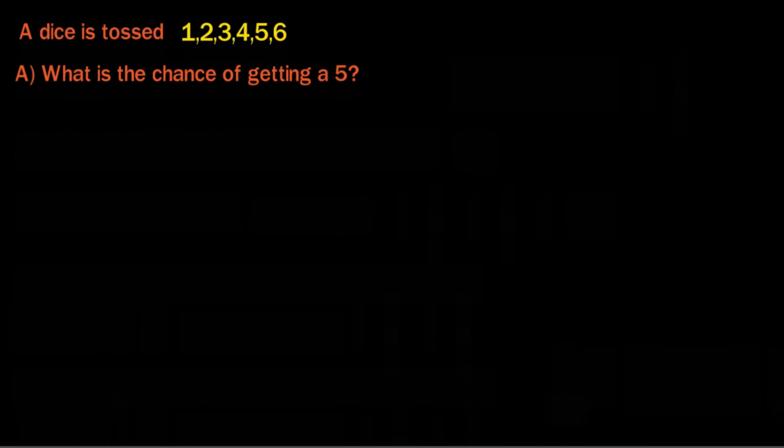Let's move on to another example. Let's say now a dice is tossed. As we know, a dice has the numbers 1, 2, 3, 4, 5, 6. Now we want to find out the probability of getting a 5.